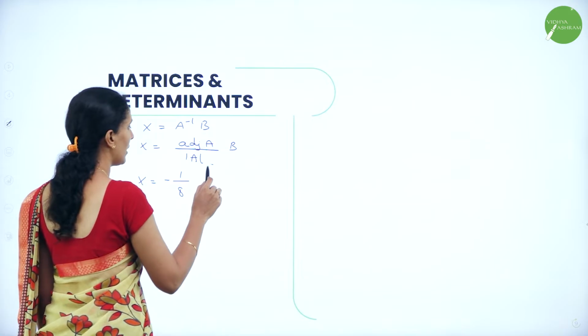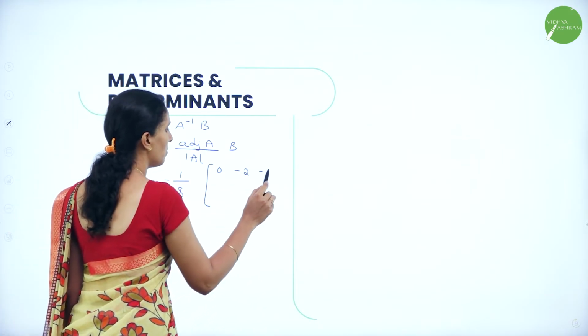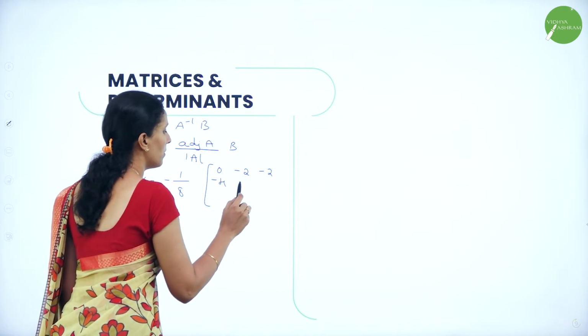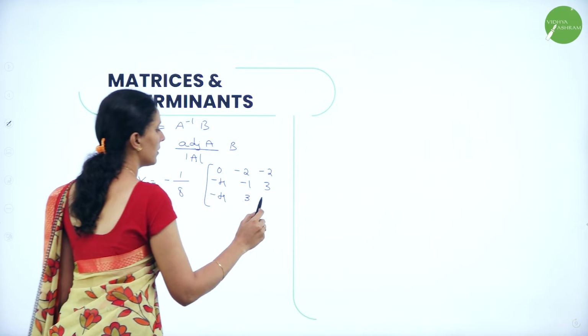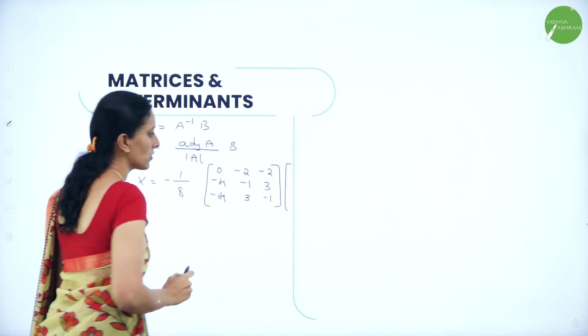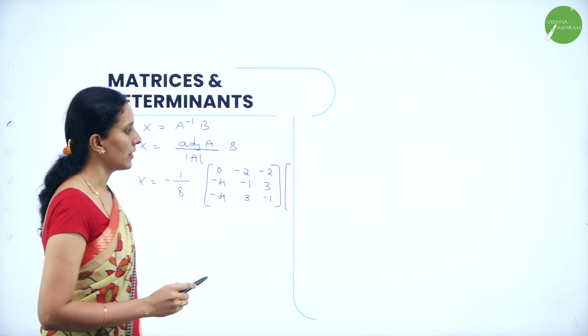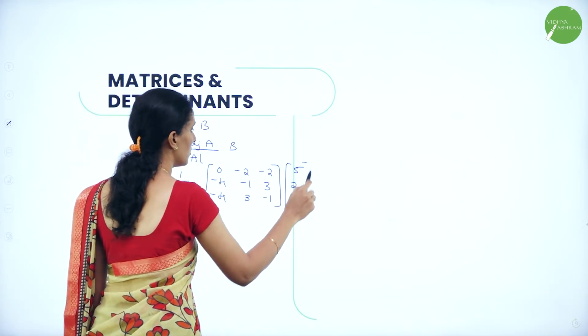Now adjoint A. Let us write adjoint A. We have 0, minus 2, minus 2, minus 4, minus 1, 3, minus 4, 3, minus 1. And we will write for B. So what are the values inside the B? 5, 2, 2.